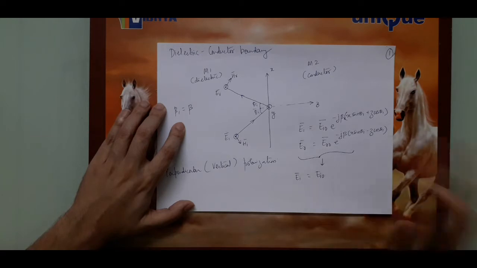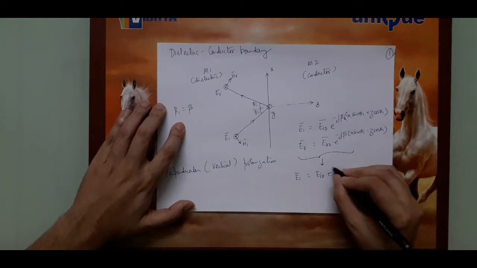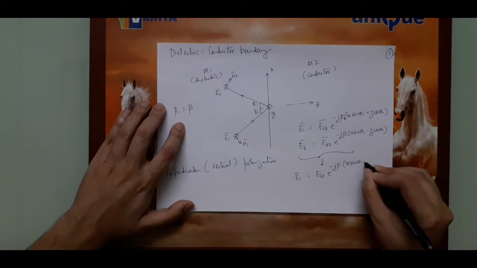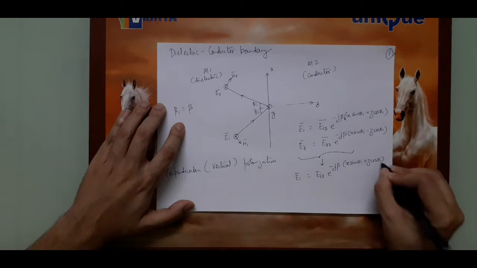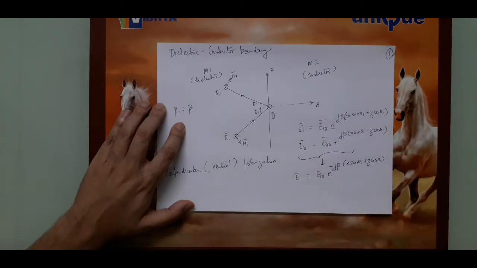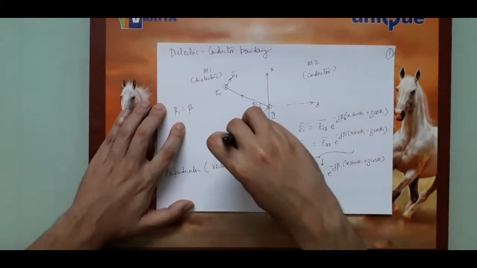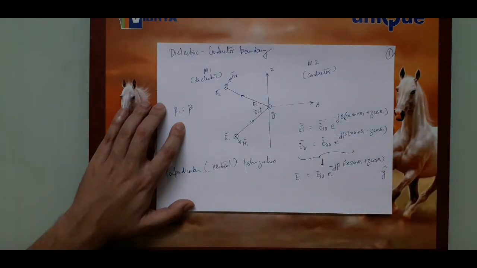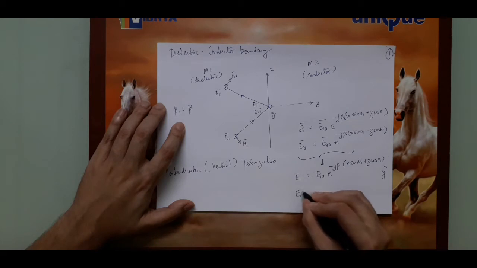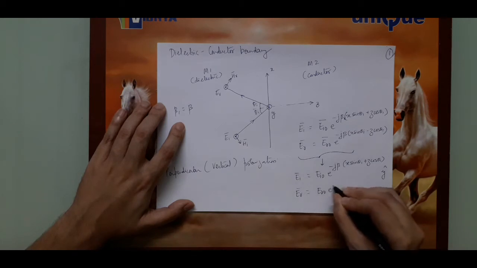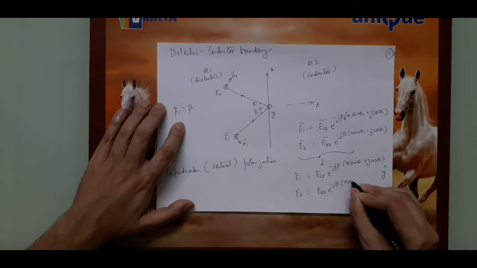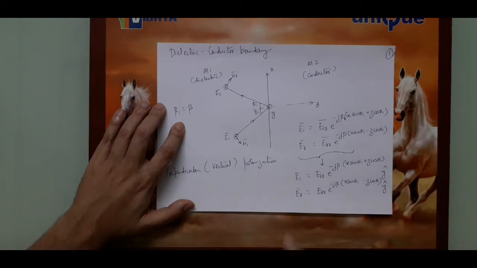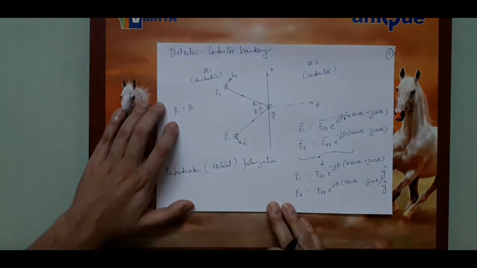It may be real, it may be imaginary, that is not a point of concern right now. So EI is EI0 e raised to minus j beta x sine theta I plus z cos theta I, and we are removing the vector sign from EI0 to denote the axis on which the E field exists. Since it exists along the y-axis, the unit vector will be y cap. Likewise, ER I can write as ER0 e raised to minus j beta x sine theta I minus z cos theta I y cap, because this is also along the y direction.